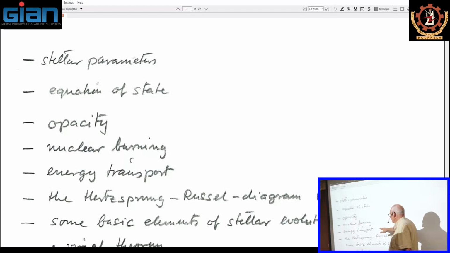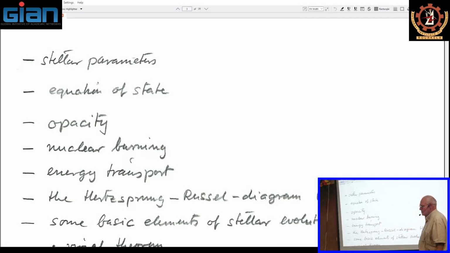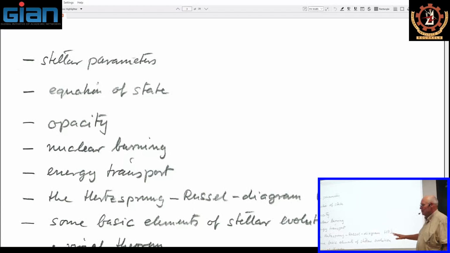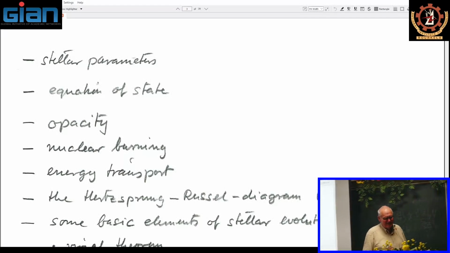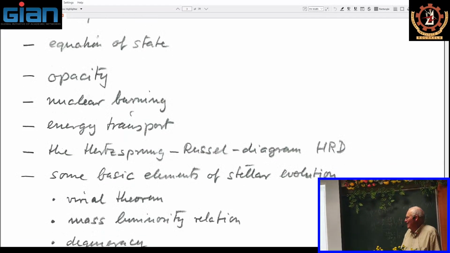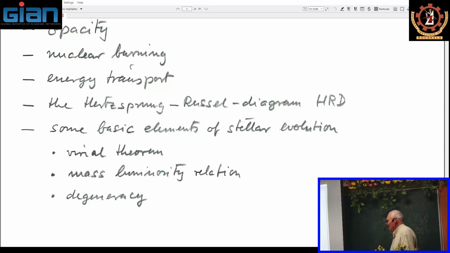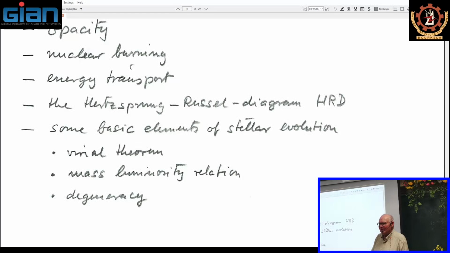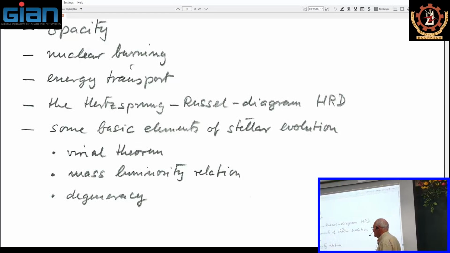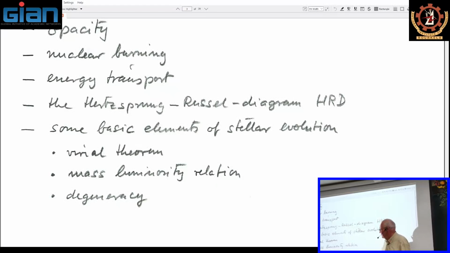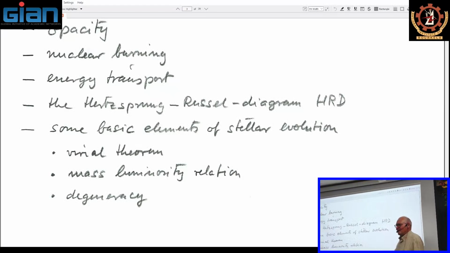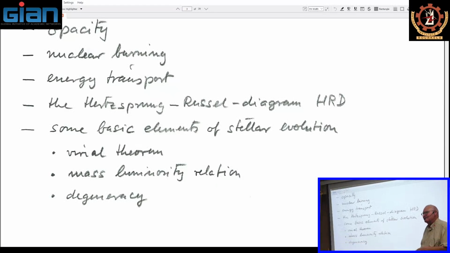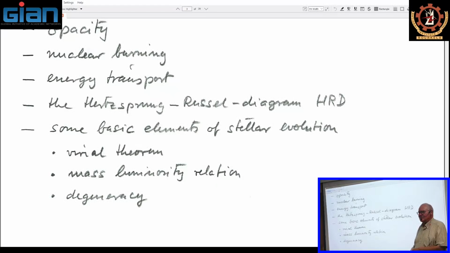So we have to deal a little bit with that, and then we'll briefly show how the evolutionary tracks proceed in the Hertzsprung-Russell diagram. And then I would like to comment on some very basic elements of stellar evolution, which is the virial theorem, which will also be addressed in one of the tutorials, the mass-luminosity relation, and then the effect of degeneracy.